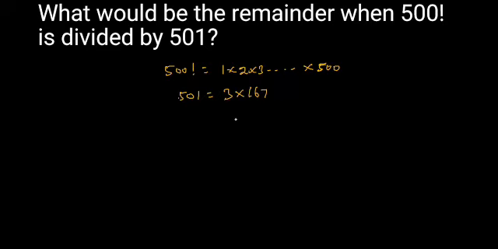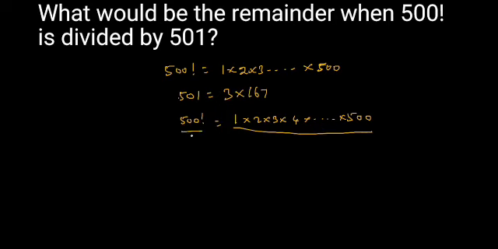Now, listen carefully. The remainder is asked like this. 500 factorial, which can be written as 1 into 2 into 3 into 4 and so on up to 500, divided by 501. 501 can be written as 3 into 167.